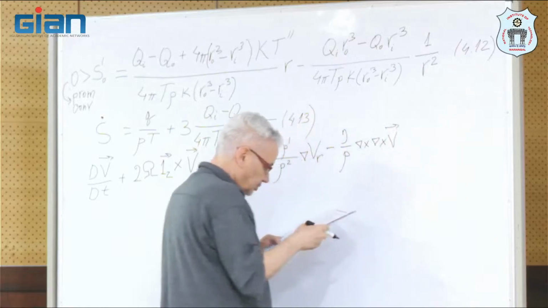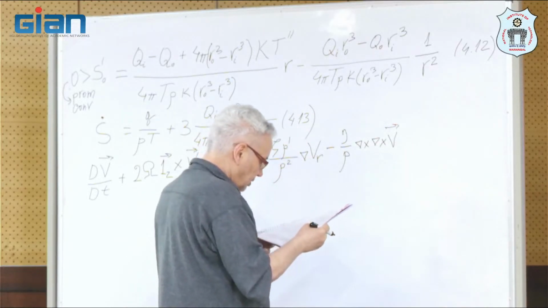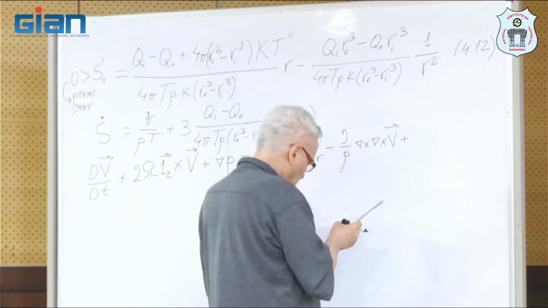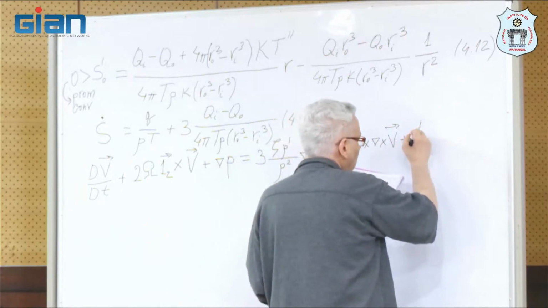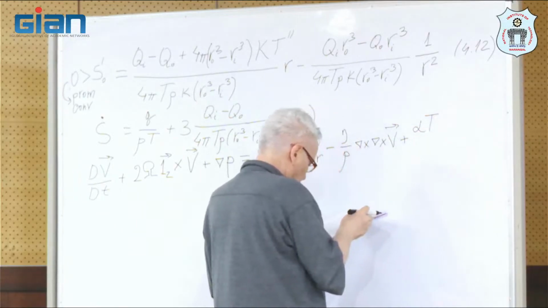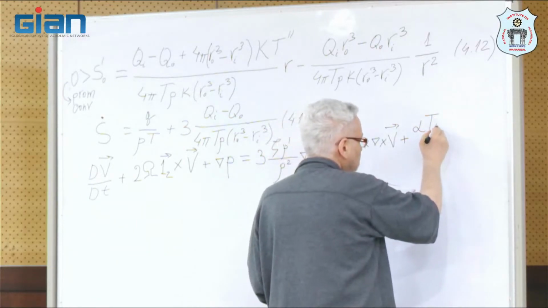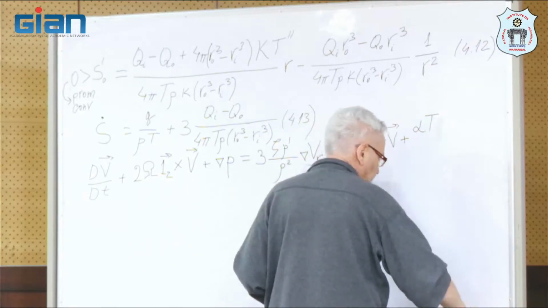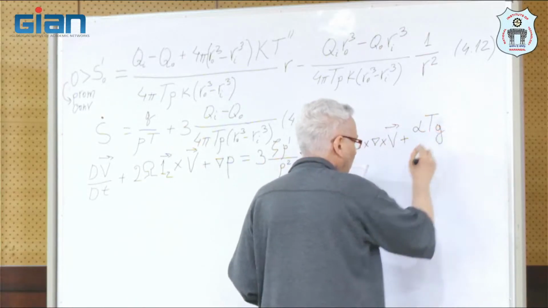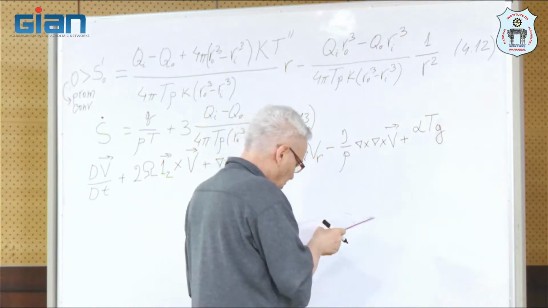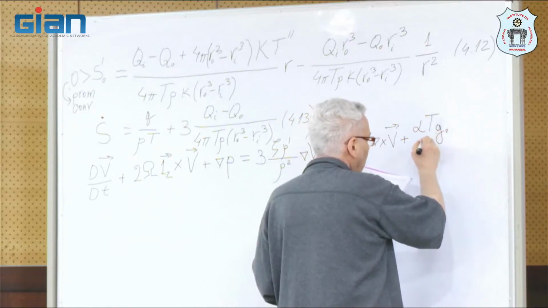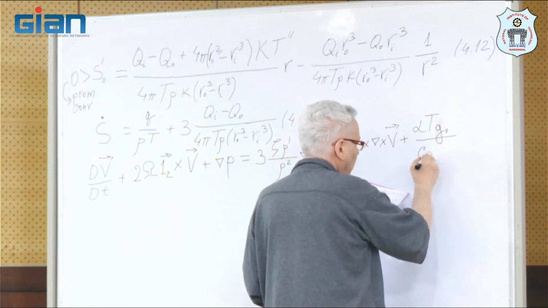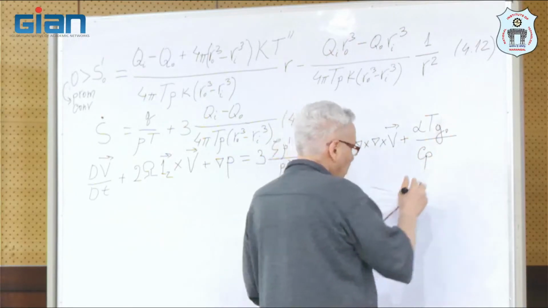And of course, there is a buoyancy term which drives the convection, with alpha divided by Cp rho.